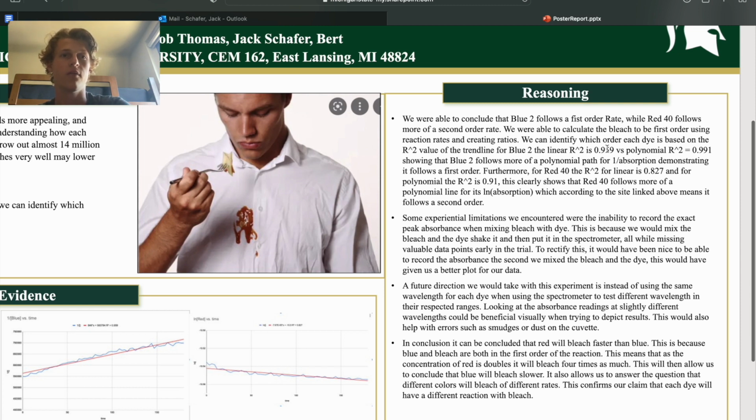Right here we have our r squared values. I'll just read it real quick. We can identify which order each dye is based on the r squared value in the trend line of blue 2. The linear r squared is 0.959 versus the polynomial r squared of 0.991. So essentially what that says is that the polynomial is better for the blue equation.